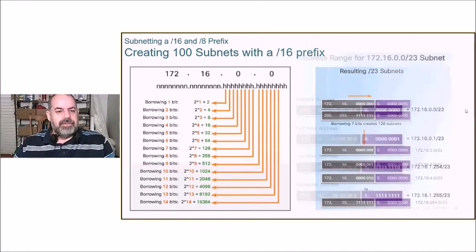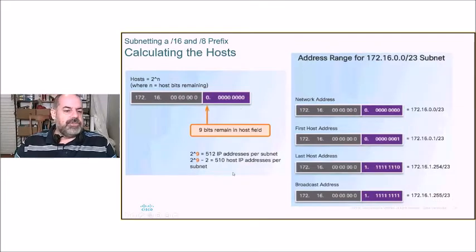And so basically 2 to the power of 9, well, 2 to the power of 8 is 256, 2 to the power of 9 is double that, so 512 minus 2, 510 hosts per subnet. So that's a pretty decent subnet. And so again, gives you a lot of options.